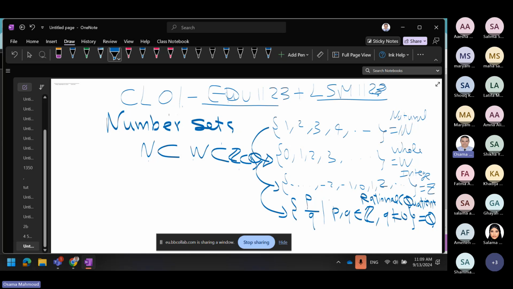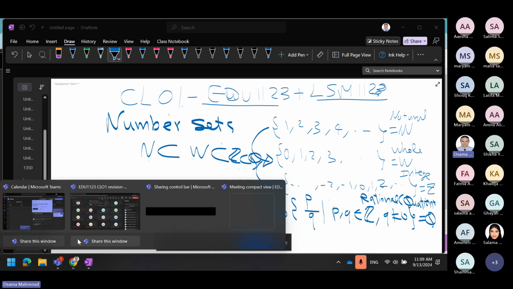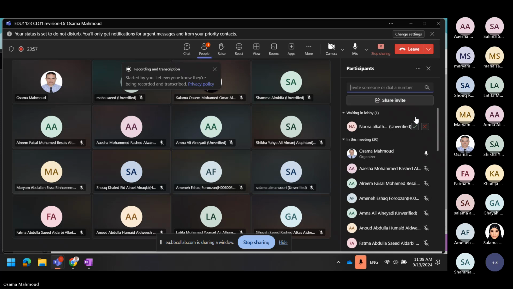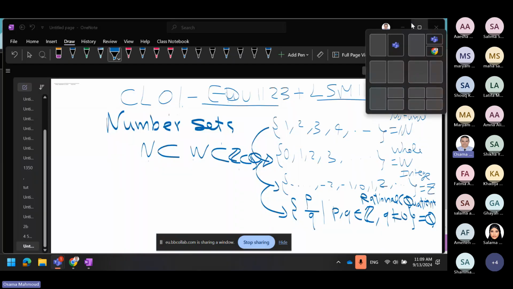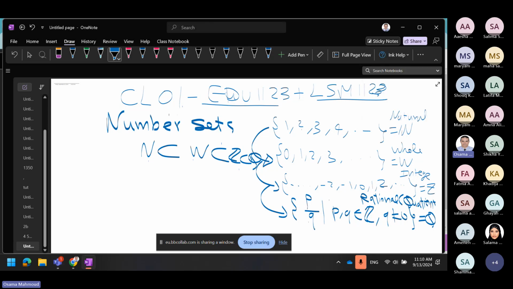So how do we distinguish between rational and irrational? This is very important. As I said, any natural will be rational, any whole will be rational, any integer will be rational. So this rational, p over q, we call it fraction.